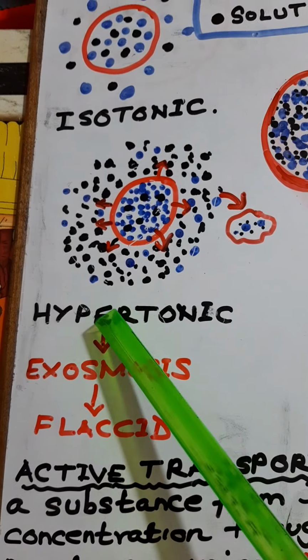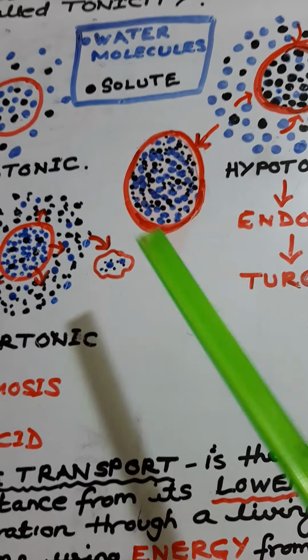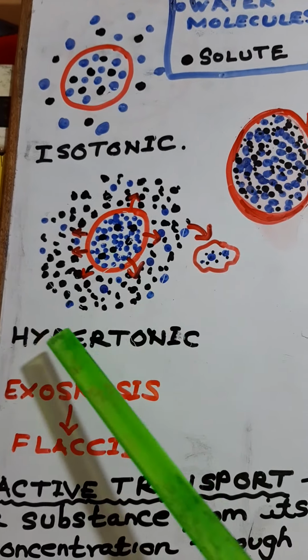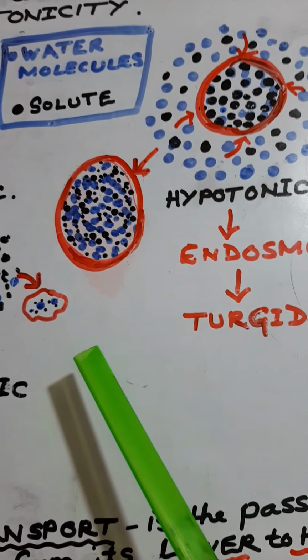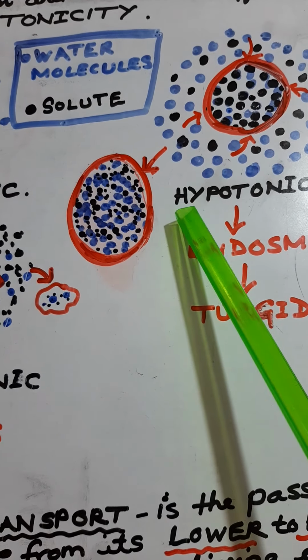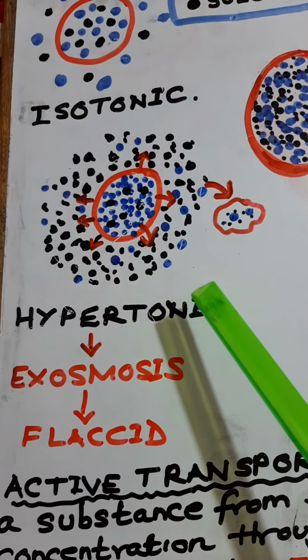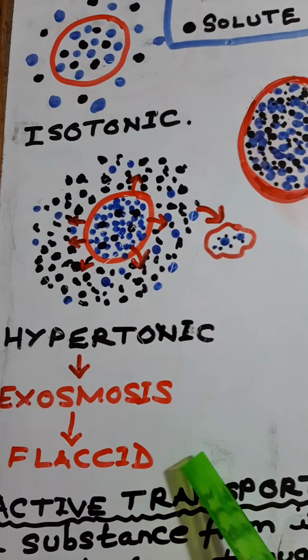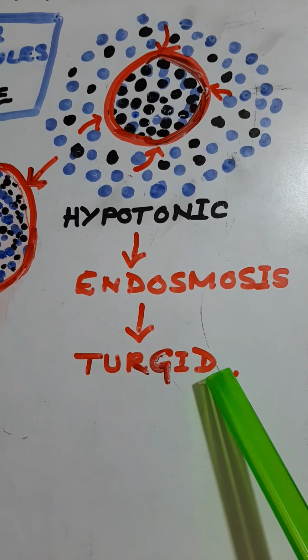The prefix hyper, wherever it is, means more: higher, high, more. Hypo means low. So just remember this: hypertonic, exosmosis, flaccid; hypotonic, endosmosis, turgid.